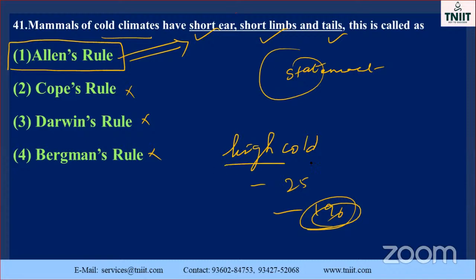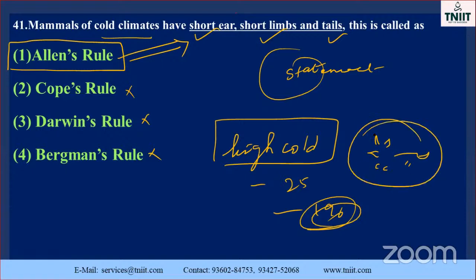In that area, automatically morphological changes occur in the body. That means it has short hair, and also short limbs. The limbs are very short in nature, and it also has a short tail. This statement was given by the scientist called Allen. So it is called Allen's rule.